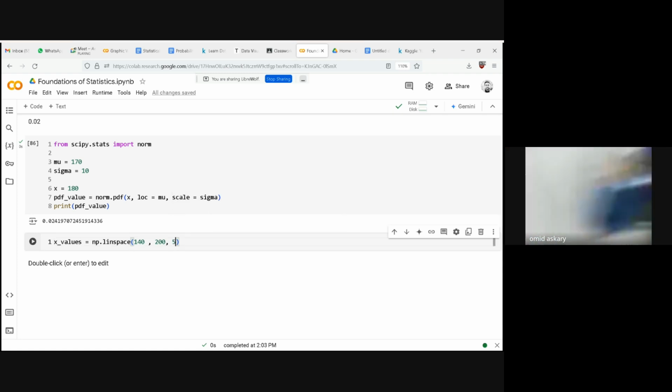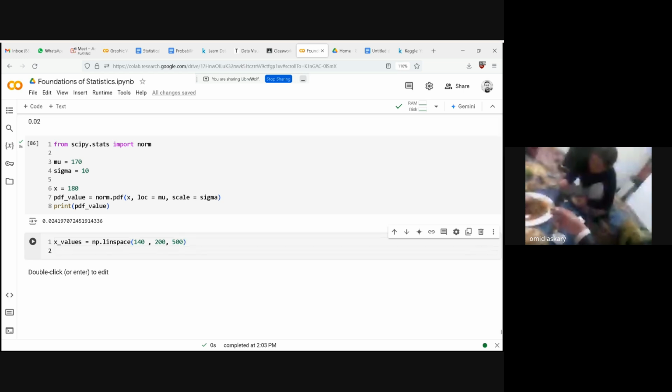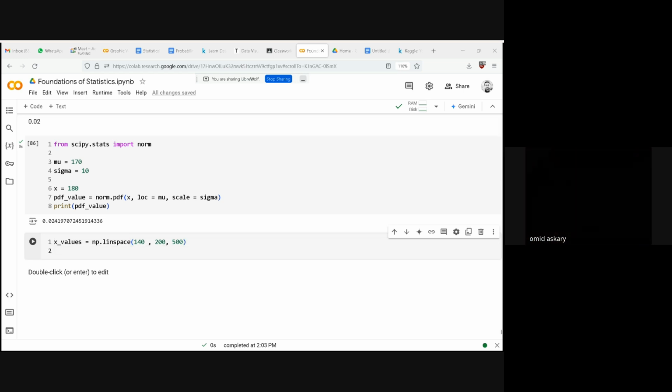Then the y values will be norm.pdf of x values, loc mu, scale sigma.